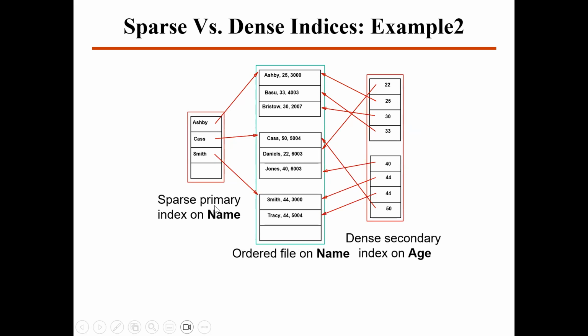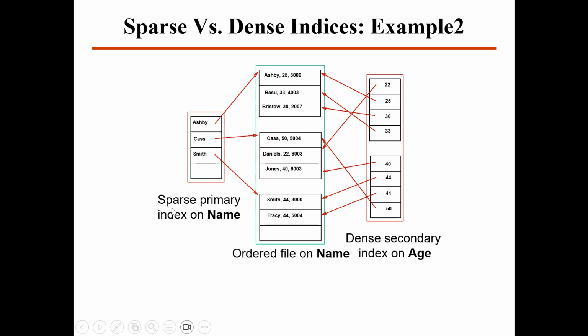Now here is one more example. We have created a sparse index on name and a secondary dense index on age. The sparse index is connecting the names which are arranged in alphabetical order. So you connect only to one of them, and then if you want to search for Basu, you can just come and select the next record inside this block.